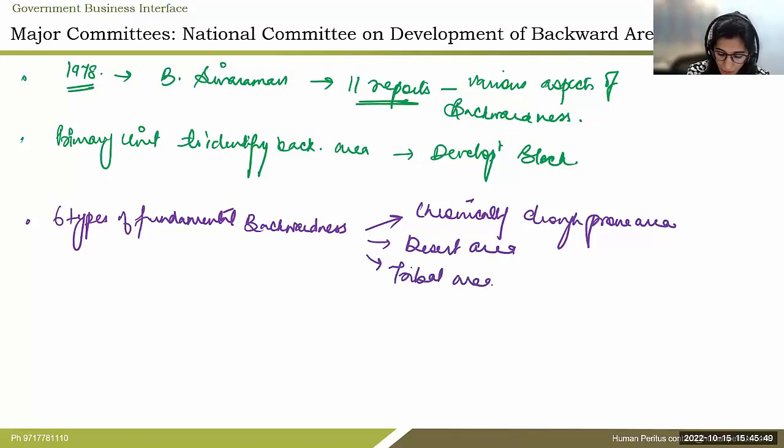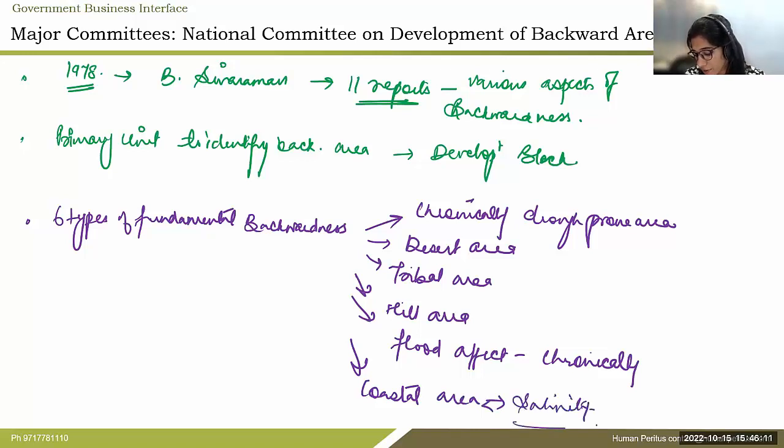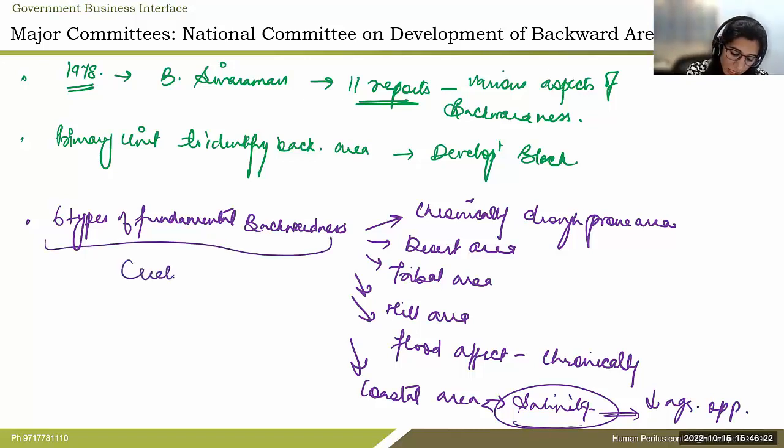If this is a tribal area, if this is a desert area, if this is a hill area. All right. If this is a flood affected area, chronically flood affected from a longer period. All right. And coastal areas, as I was telling you about Odisha, which are specifically affected by salinity. That is, if the water is saline, there would be less agricultural opportunities there. So these were the 6 types of fundamental backwardness, or we can call them criteria or factors, that the National Committee on Development of Backward Areas gave.